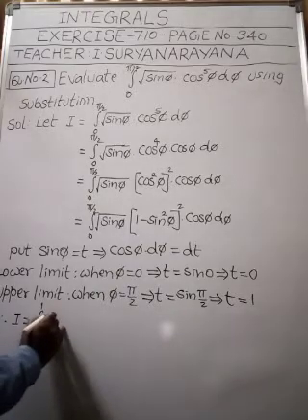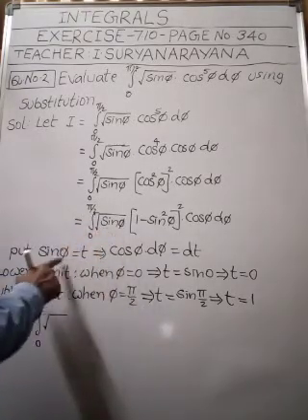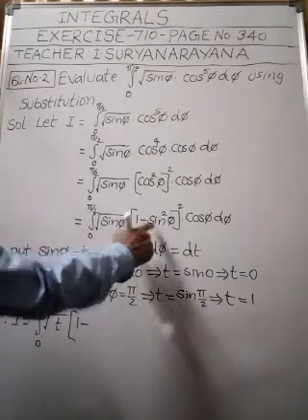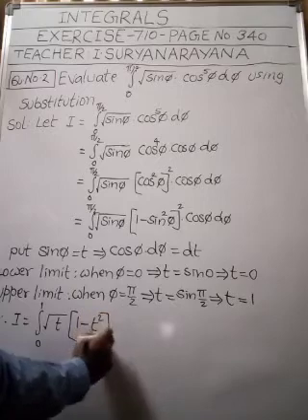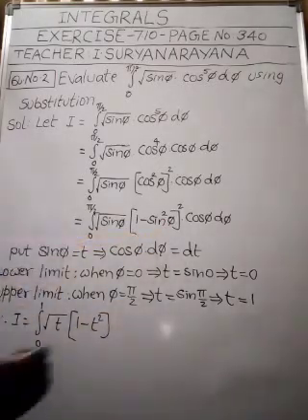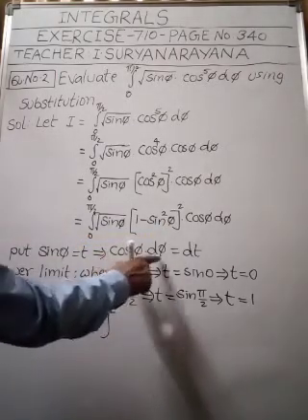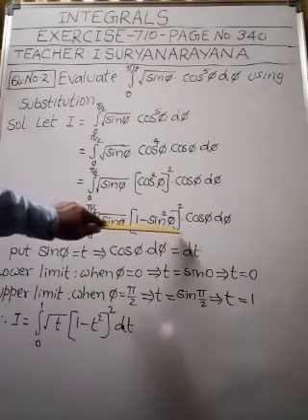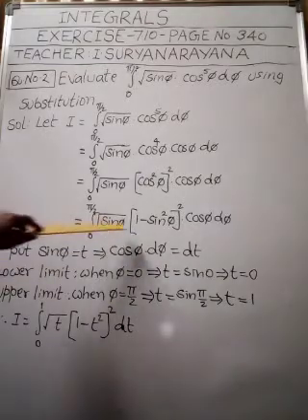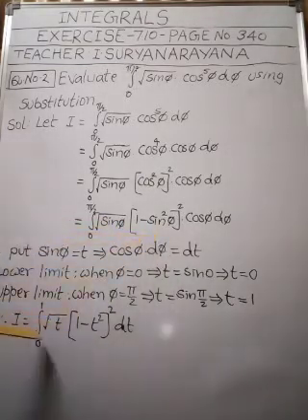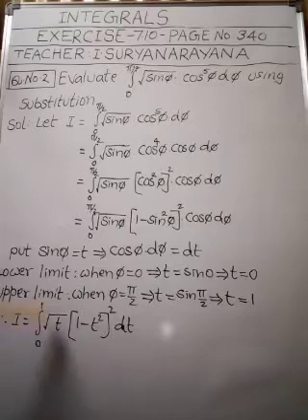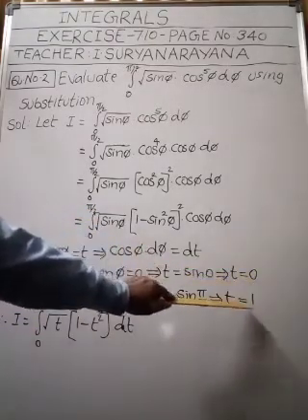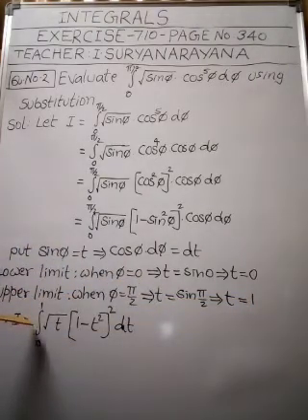Square root of sine phi is treated as t, into (1 minus sine square phi), that means (1 minus t square) whole square, cos phi d phi is equal to dt. We are substituting the values in this integral. We get this step. Okay, my children, integral 0 to pi by 2 is there, lower limit and upper limit. But here lower limit is 0, upper limit is 1. So we changed the limits of the integral.